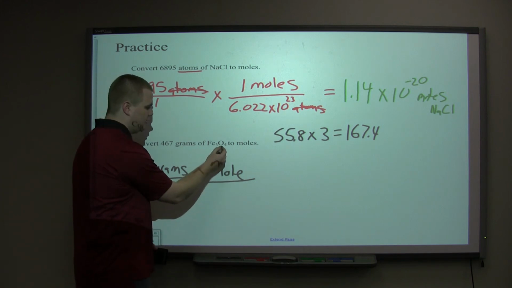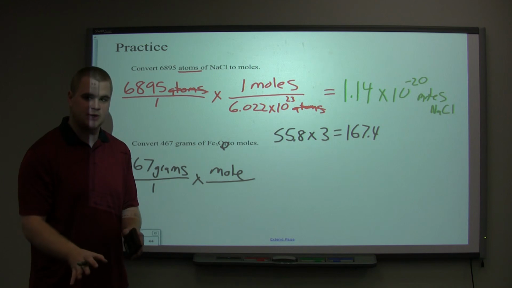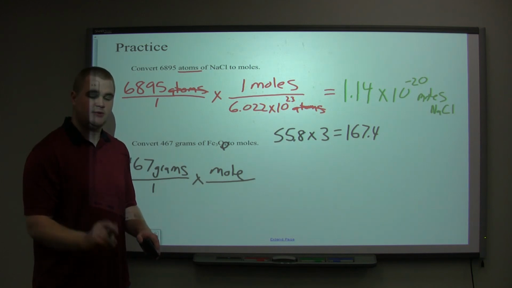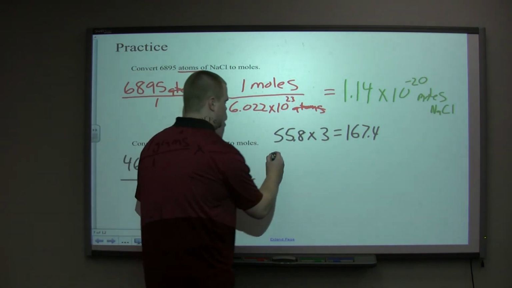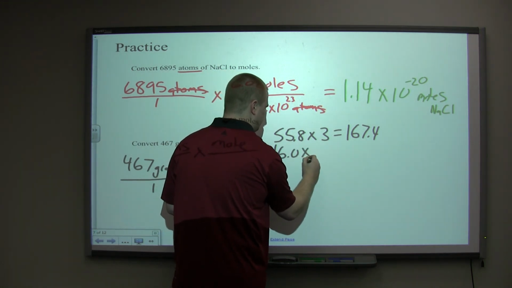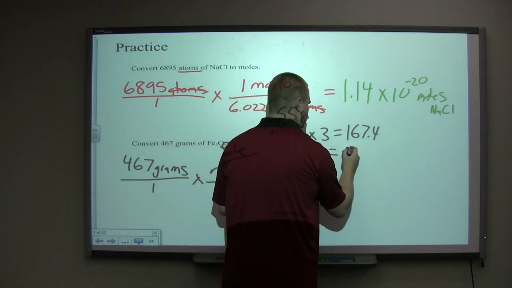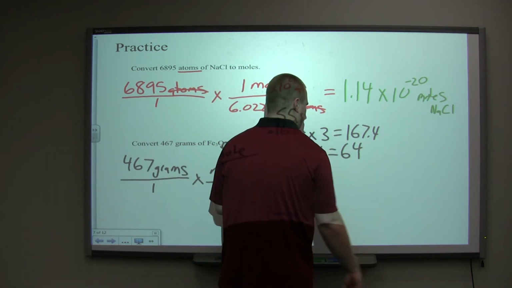And then we have 4 oxygens. Can anybody remember what oxygen's atomic mass was? 16. So we have 16.0 times 4, and that equals 64. Okay?